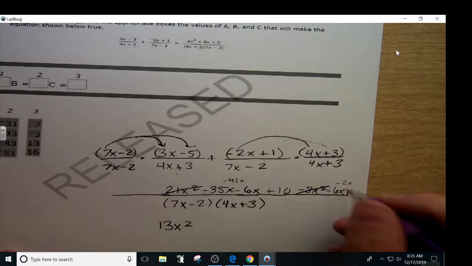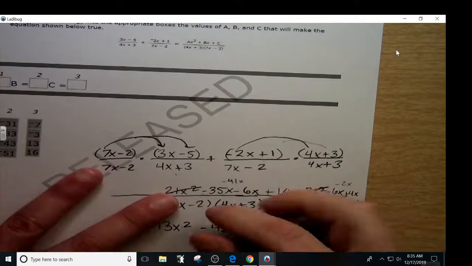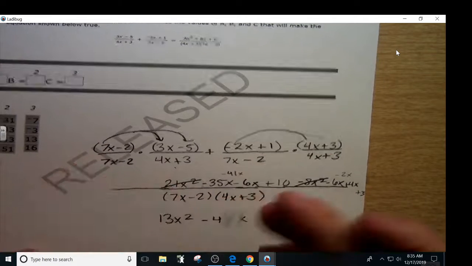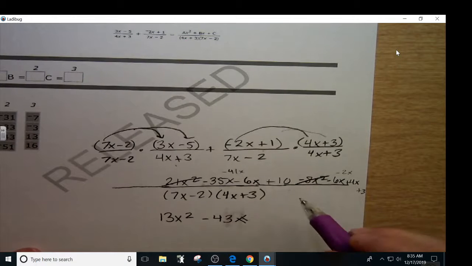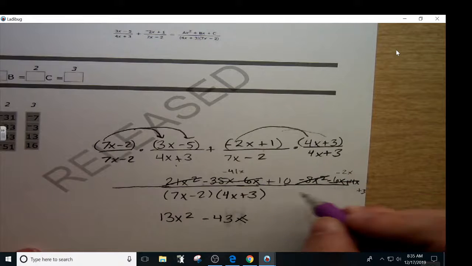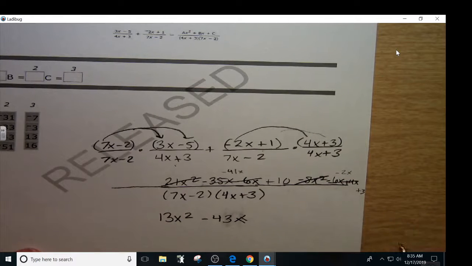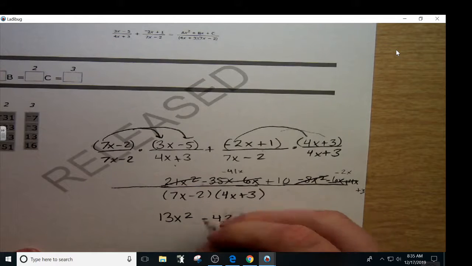If you add those together, that's going to be negative 43x. Then the last but not least, we have 10 plus 3. That's 13.